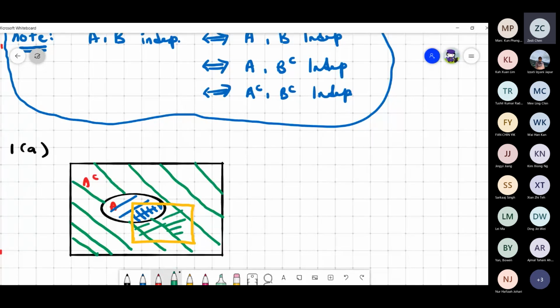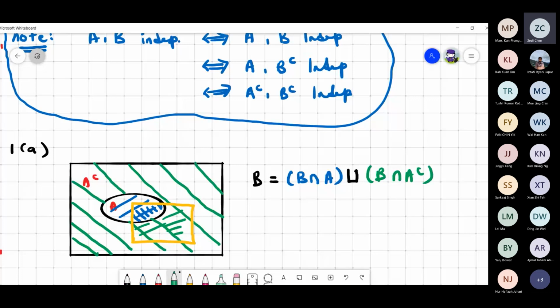Then from this diagram, you can see B can be written as, just look at the blue color portion. That will be just your B and A, right? Together with the green color portion, which is your B and A complement.